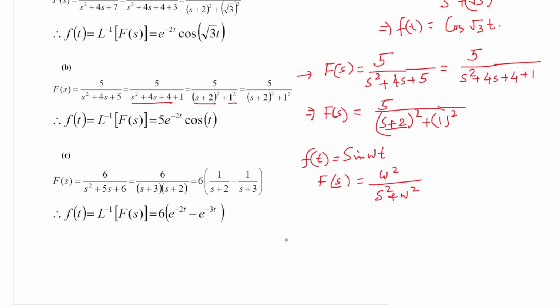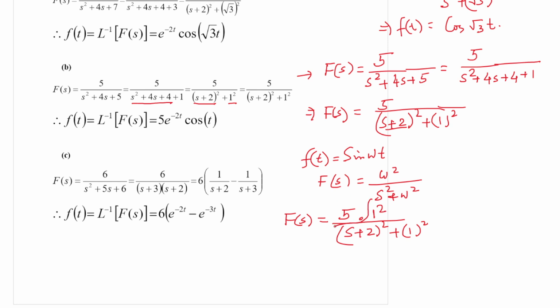So F(s) is 5 by s plus 2 whole square plus 1 whole square. So you can write 5 into 1 square, it will remain the same.